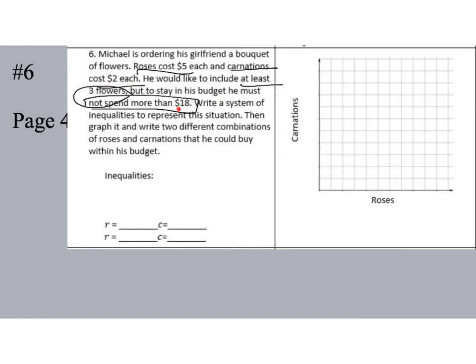Carnations cost $2 each, and carnations are on the y, and $18 is his max amount of spending. So essentially you're solving an equation where 2y equals 18. Solve for y, and y is equal to 9. That's our y-intercept. That's of course when x equals 0.